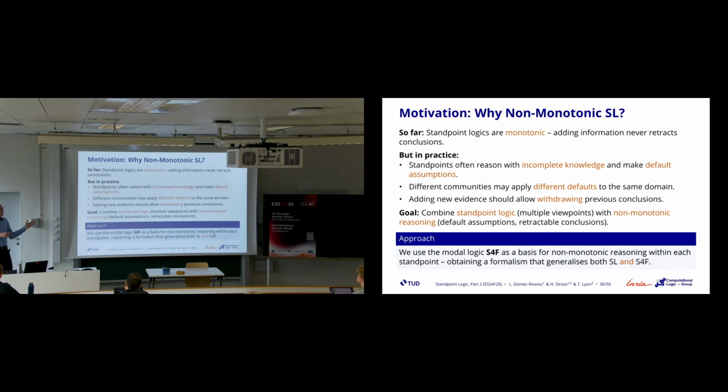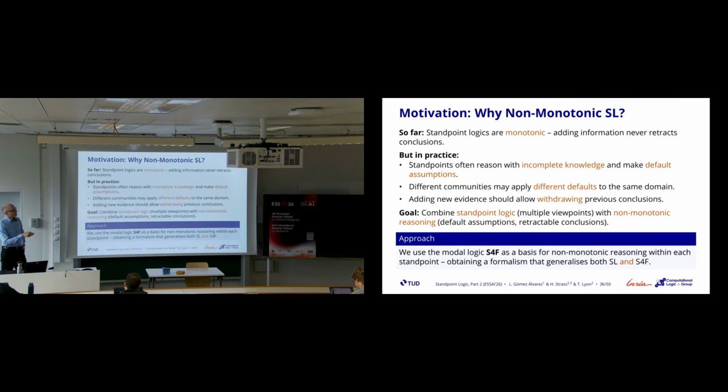However, in practice, people from different communities or people taking different standpoints might reason differently and might also reason non-monotonically. They might apply different defaults, or might make different assumptions when using vocabulary in a specific way.